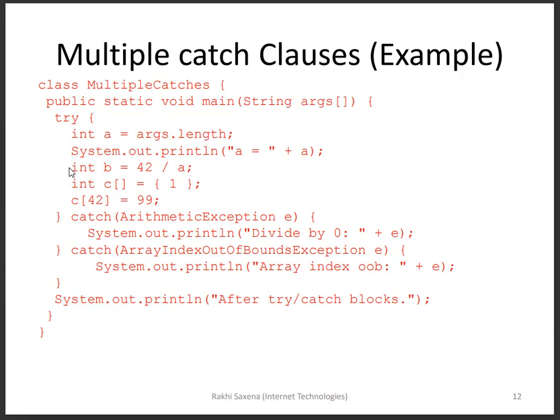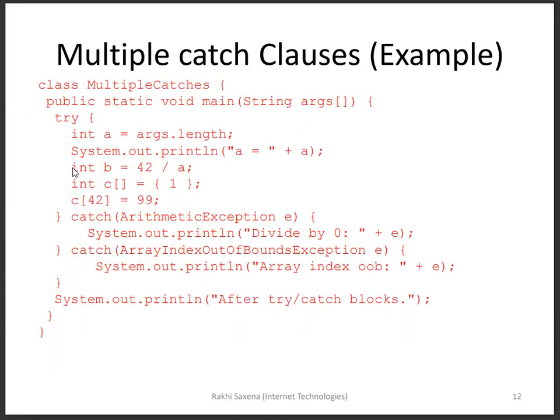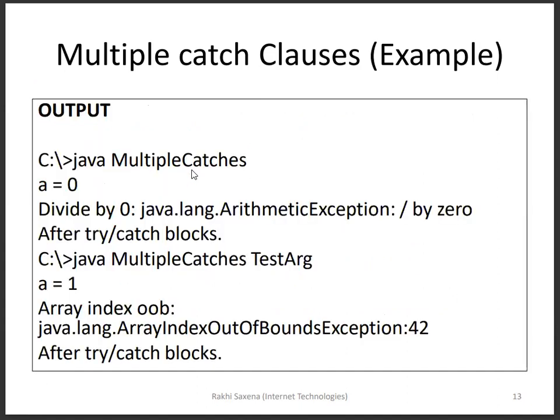How many arguments? Basically we have not specified any arguments, so this is 0. So divide by 0 comes, and the exception happens at this particular stage, so this statement with c is not getting executed.